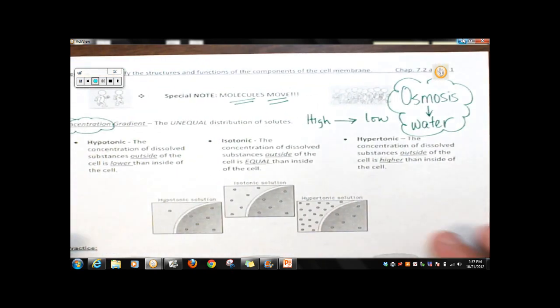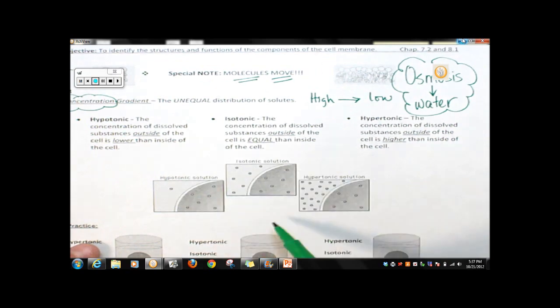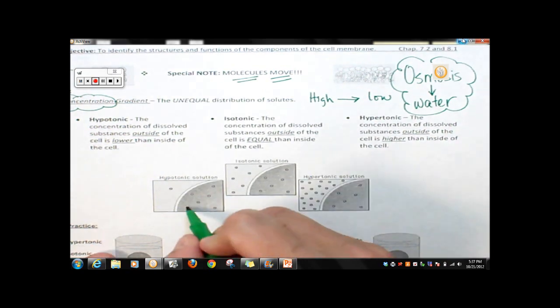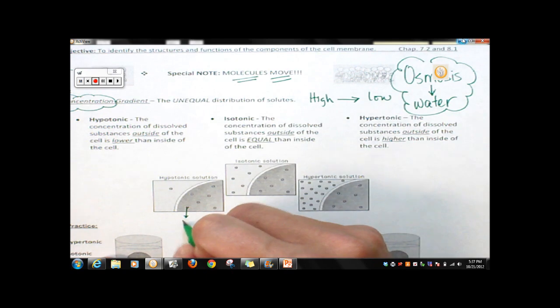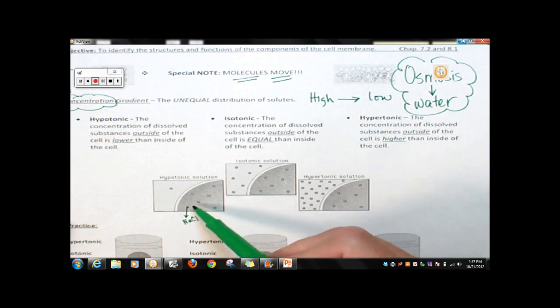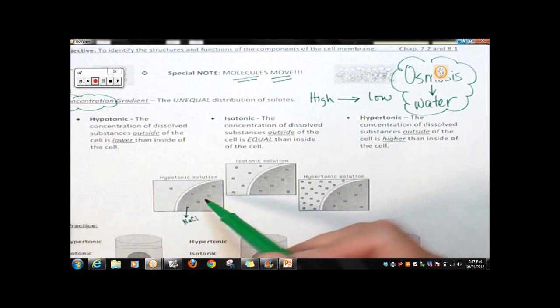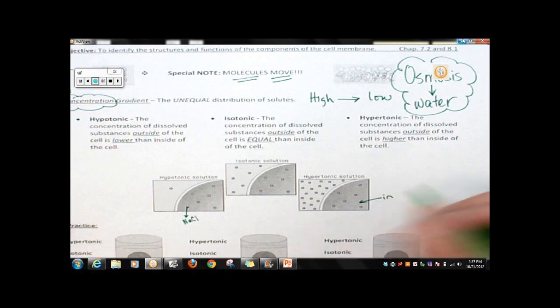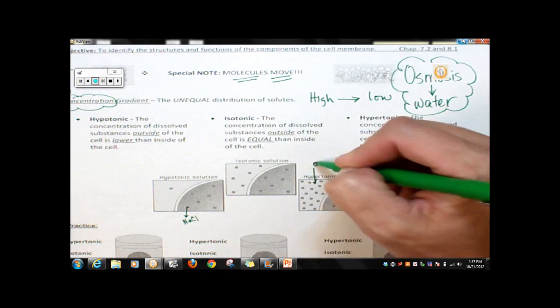So when you look at these three diagrams, for example, let's assume that these little dots right here are little pieces of salt. And you'll notice that there is more salt inside the cell. So this is inside the cell, each of these diagrams, and this is outside the cell.